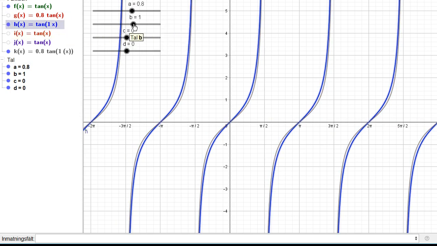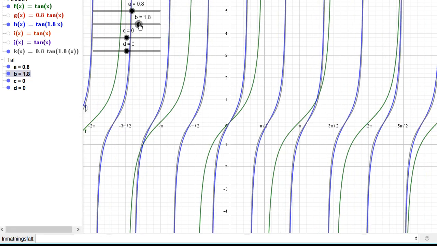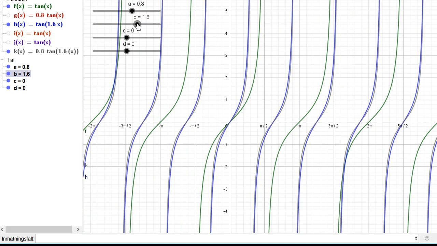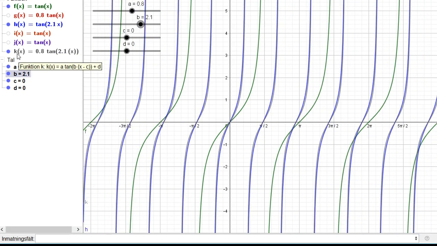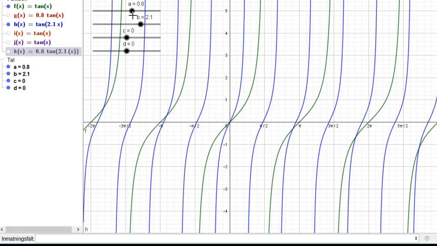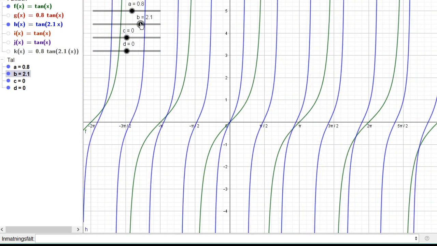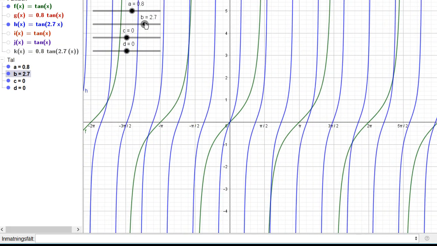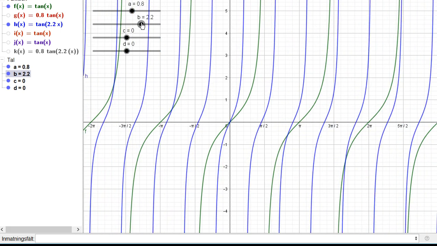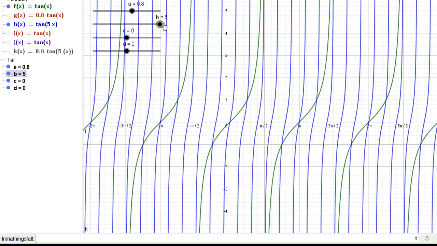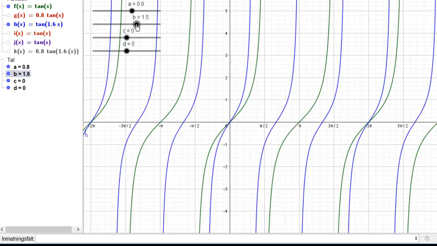Now the B. What is this doing? I have 3. Then we know the period will be tighter. It's about the period.